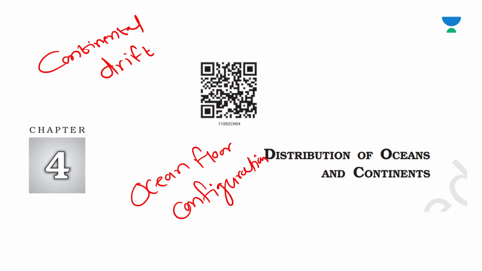ocean floor configuration, where we have discussed continental margins, which form the transition between continental shores and deep sea basins. They include continental shelf, continental slope, continental rise, and deep oceanic trenches.